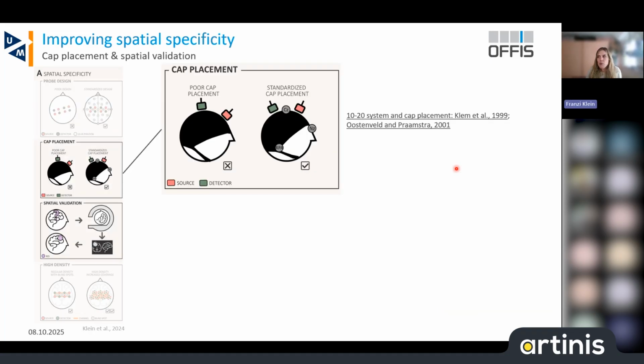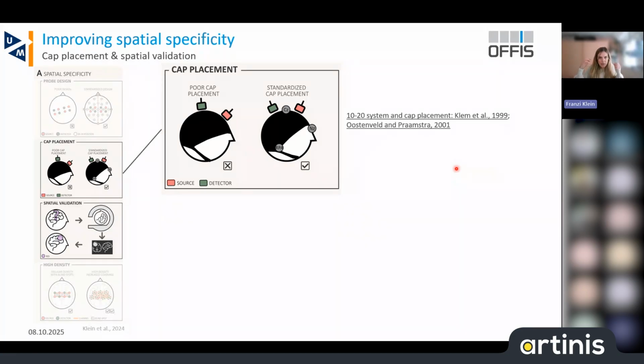The next point I would like to stress a bit is the cap placement. It's a nice thing: we have fNIRS, we can put the cap on, we can just wiggle a bit and usually can start. But the problem with this approach is, of course, that it's a bit hard to place the cap the same way again. Right?